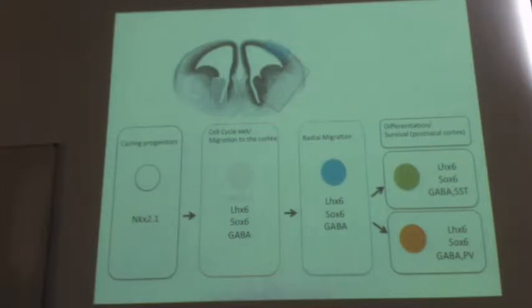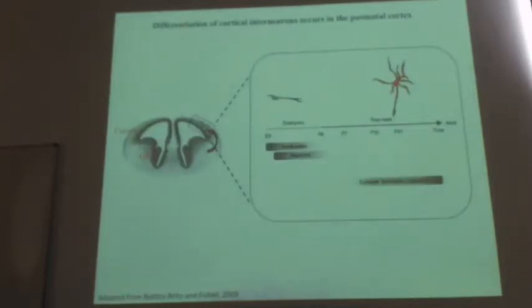But this is not true, and we know that this is not true because most of the maturation markers are expressed only in postnatal stages, and actually parvalbumin interneurons are not fully mature until the third postnatal week. So we hypothesize that there might be additional factors that are expressed later during development, and these factors might be important for the maturation of cortical interneurons.